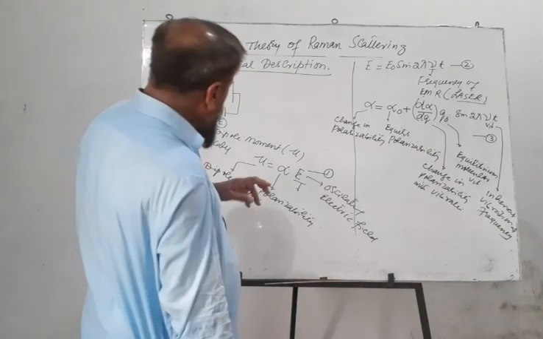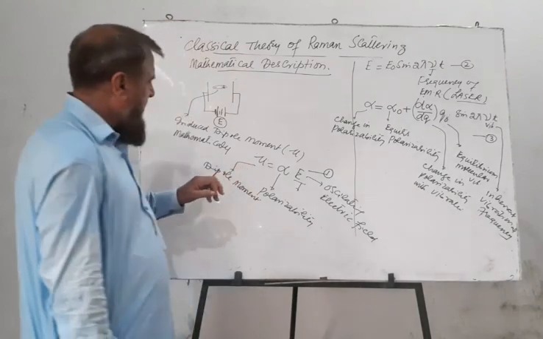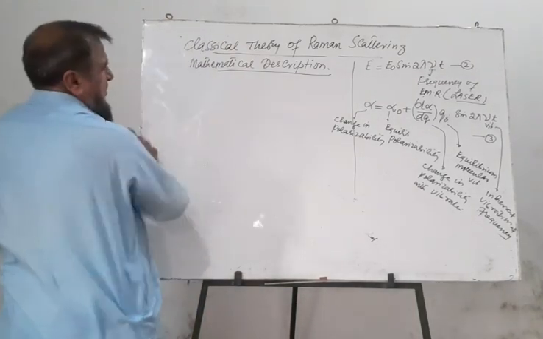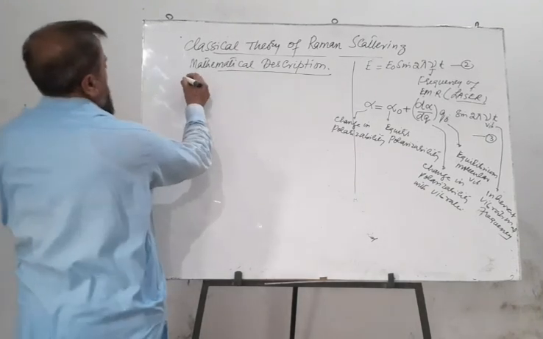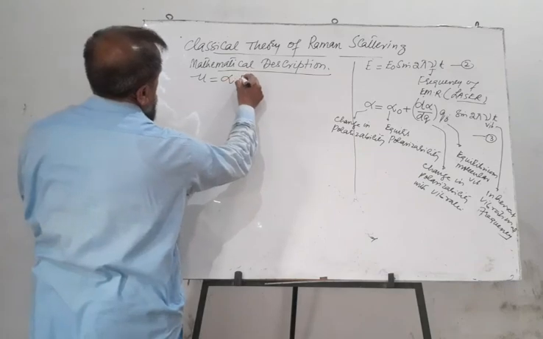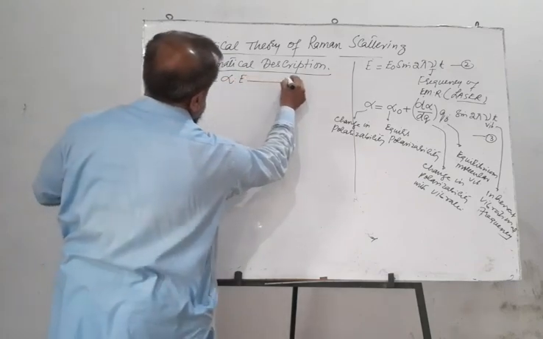Now putting these two values into equation 1. The main equation was mu is equal to alpha into E, equation 1.